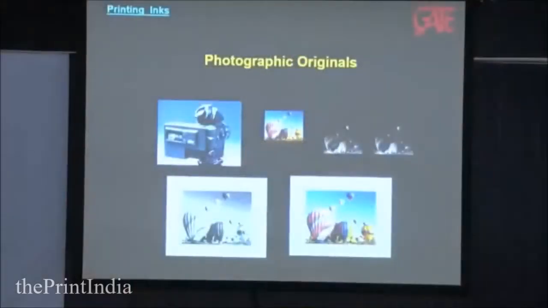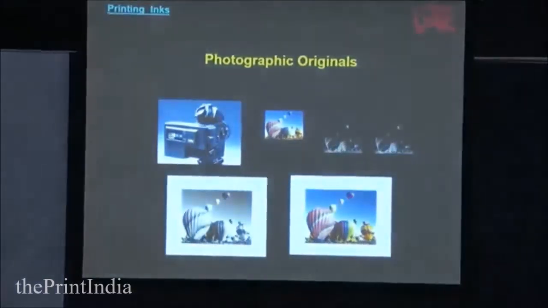When we reproduce something, we get various types of originals. We get artist drawing, we get photographs. Photograph can be digital or it can be hard copy, or even the simple black and white matter which we have to deposit on the paper, black ink on the paper.